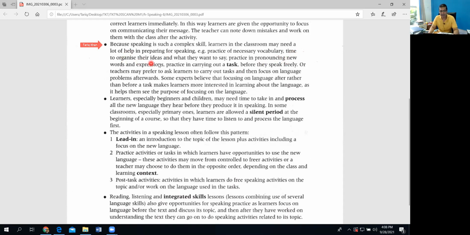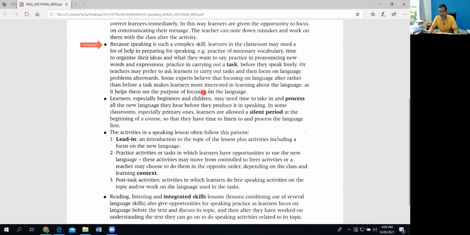Time to organize their ideas and what they want to say, practice in pronouncing new words and expressions, practice in carrying out a task before speaking freely, or teachers may prefer to ask learners to carry out tasks and then focus on language problems afterward.